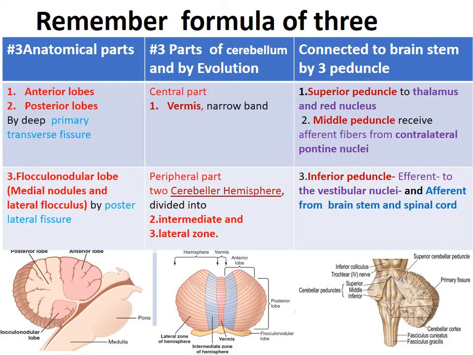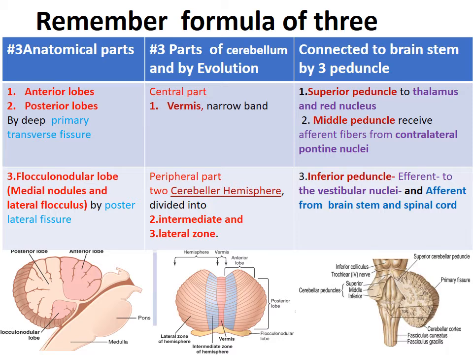So in this slide, always remember the formula of 3. There are 3 anatomical parts of the cerebellum. Histologically, there are 3 nuclei, and by 3 peduncles it is connected to the brain stem and other parts of the brain.